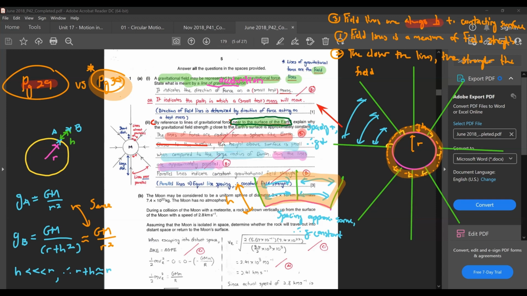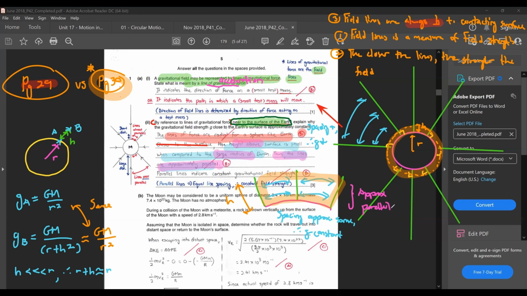But in the first place, you need to explain why you say they're almost parallel. Why do you say that the line spacing is approximately the same? It's because the height is very small compared to the radius of the Earth itself. That's why I can say that they are approximately parallel.